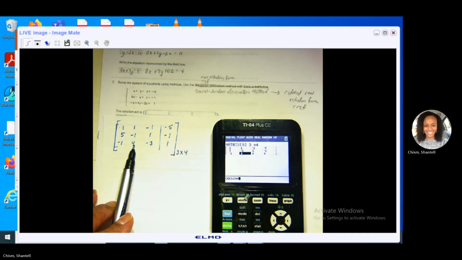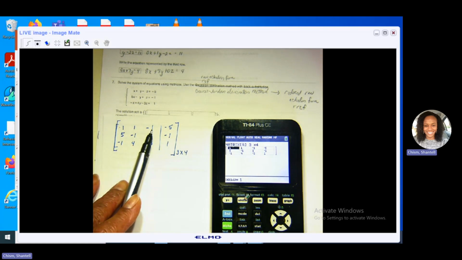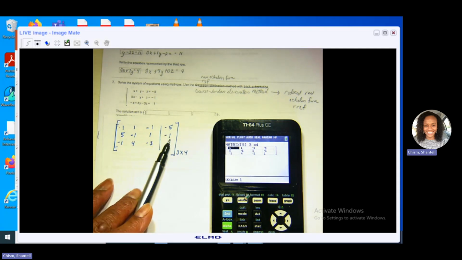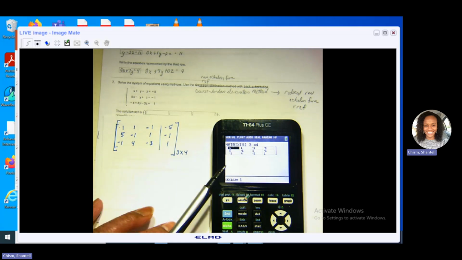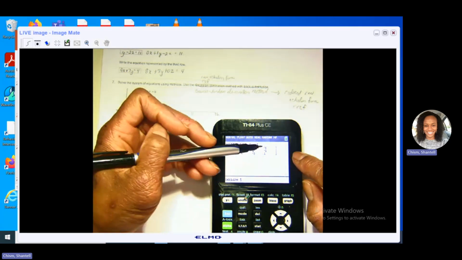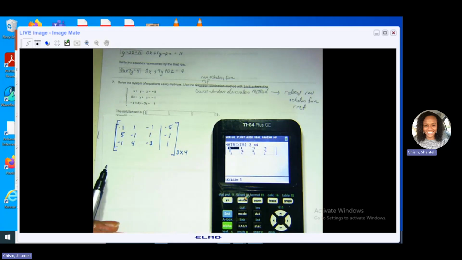Uh-oh, let's go back there. 4, -3, 1. So that's 1, 1, -1, -5, 5, -1, 1, -1, -1, 4, -3, 1. Again, the bar is not shown, but it's understood to be there. I'm acting as if it's there.